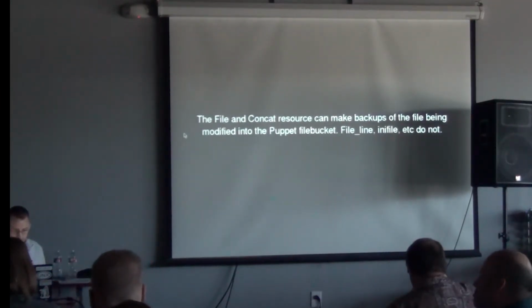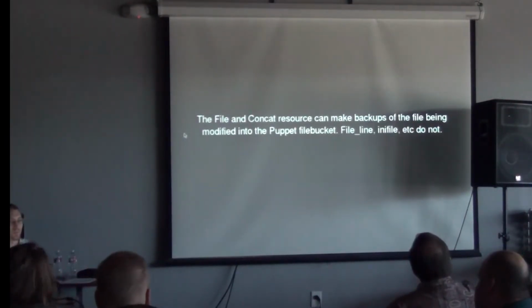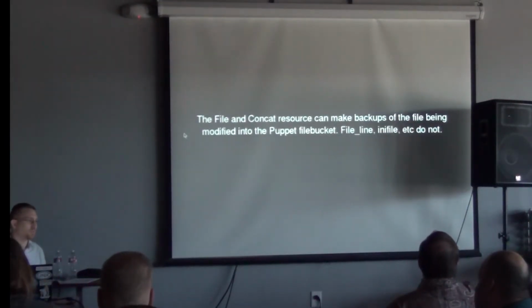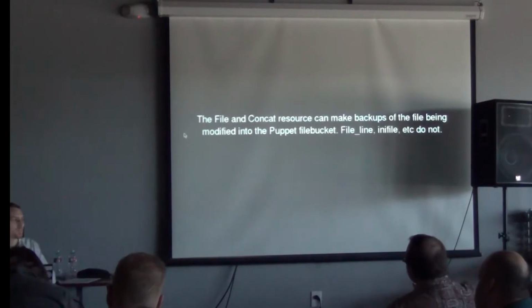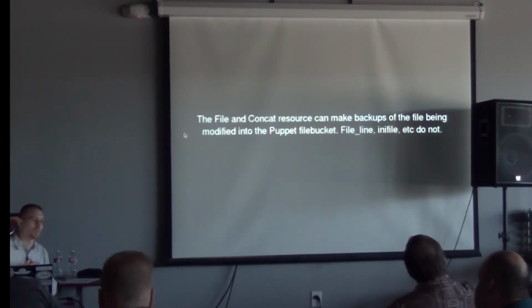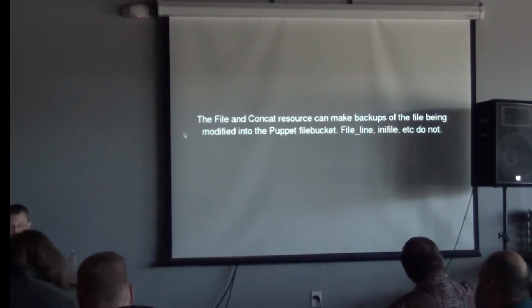So one thing to be aware of is that the file and Concat resources can make backups of the files. So if you want to keep track of modifications that are being made, and you have your Puppet file server set up in the backup source, you can have those files backed up to your Puppet master in case you need to restore them or keep track of things for auditing purposes.